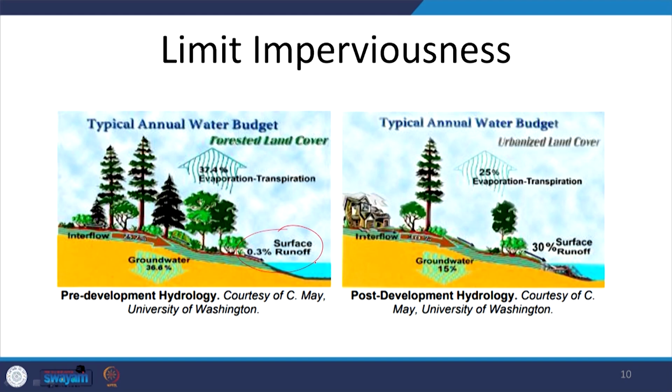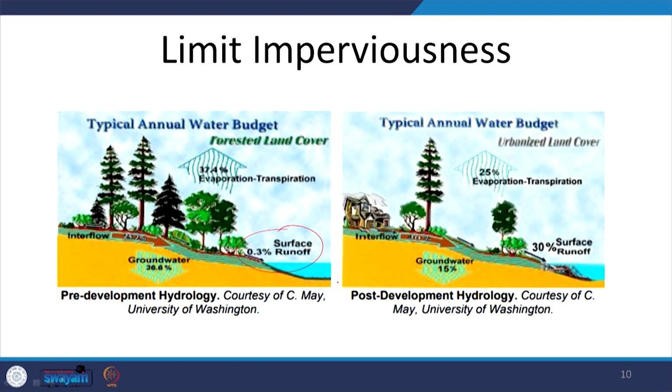So, if we look at the intent which we have just talked about, we want to retain the pre-development hydrology and allow less and less of surface runoff and the water to reach the surface aquifers through the drains or otherwise.